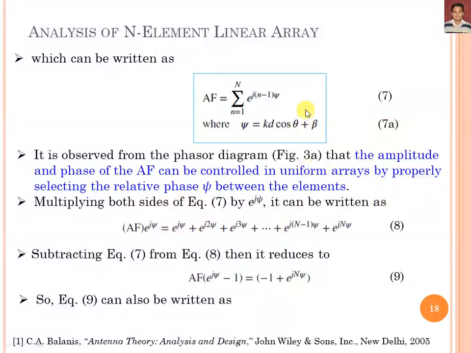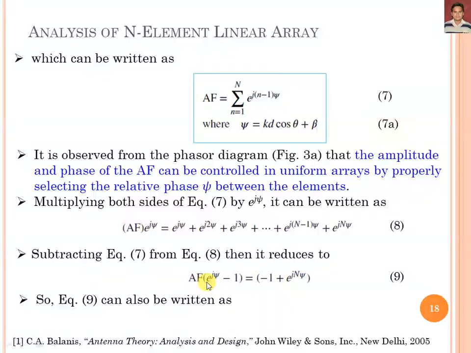Then it can be rewritten as e^{jψ} + e^{j2ψ} + e^{j3ψ}, and so on, for n number of elements. Then we subtract equation 7 from equation 8, this is equation 7 and this is equation 8.